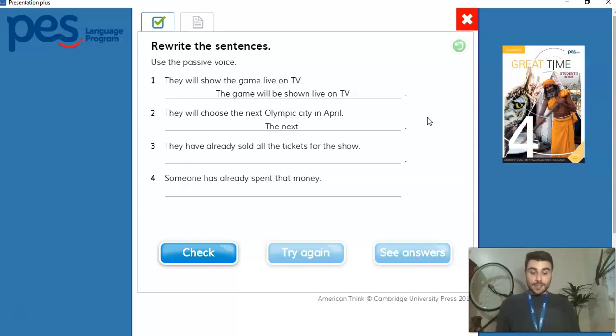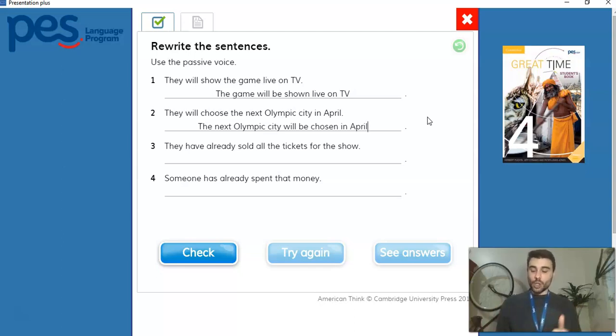The next Olympic city will, because it's future, be, because we're going to start the passive. So the next Olympic city will be, and the verb is choose, and we need to use the past participle of choose. So will be chosen in April.